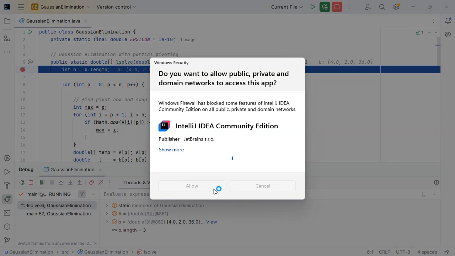It will be 3 multiplied by 1 over 3. No, it will be 1, this one, minus 15 times 1 over 3. Okay. So it will be 1 minus 5, it will be minus 4.